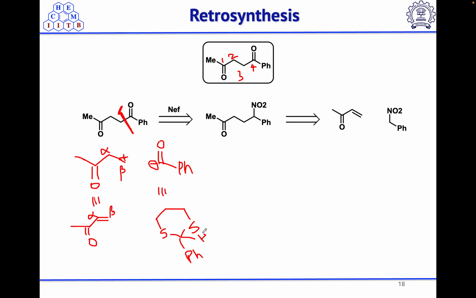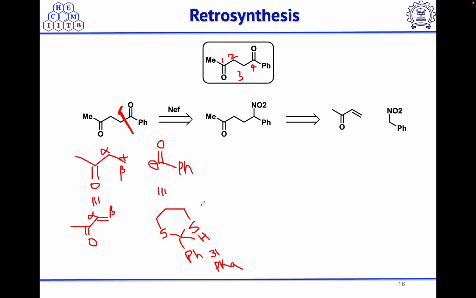The pKa of this carbon proton is 31, so if you treat it with n-butyllithium, you will easily generate the carbanion here.